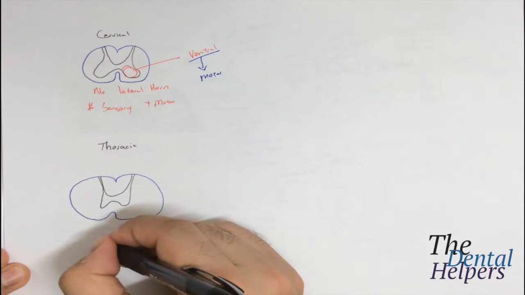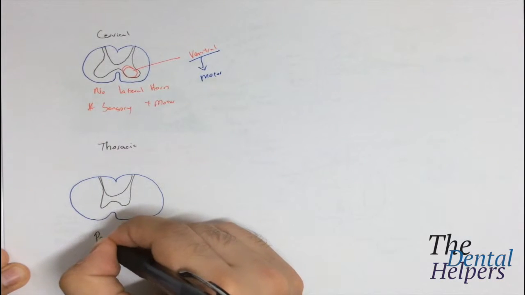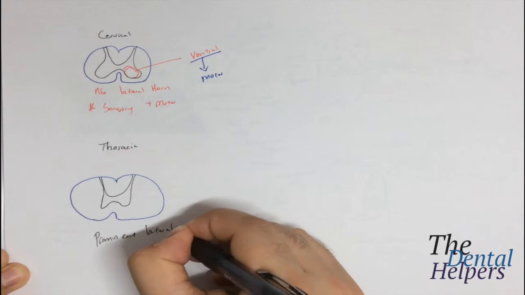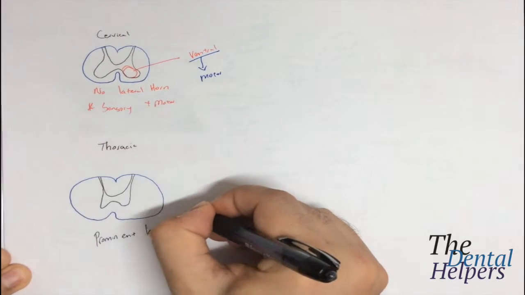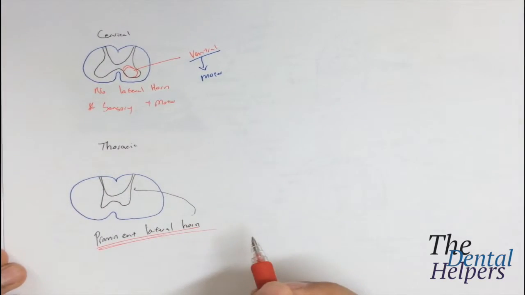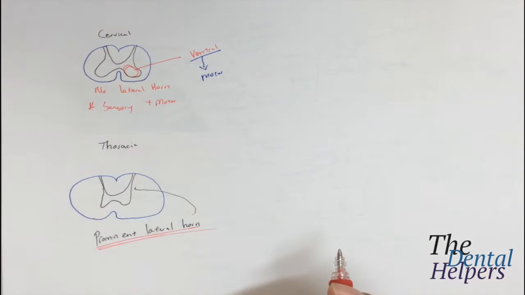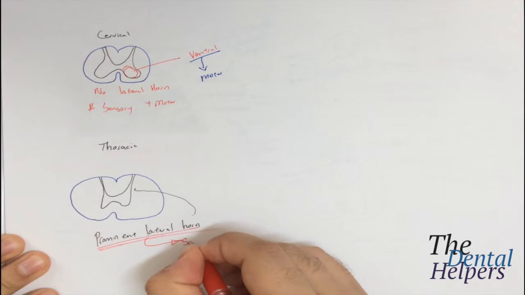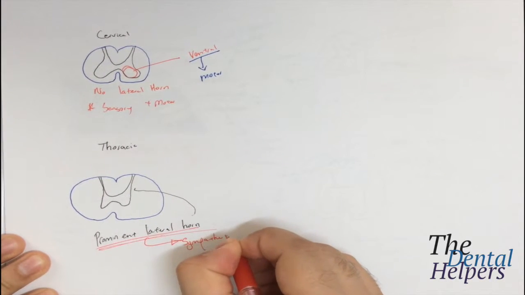We have a prominent lateral horn. And as you probably guessed, since it's a prominent lateral horn, we know that that's going to be sympathetic neuron cell bodies. And the lateral horn, as I said, it's all the sympathetic preganglionic neurons. So this is sympathetic.